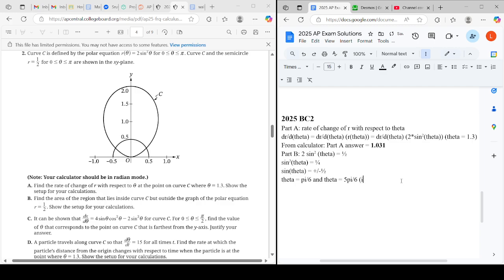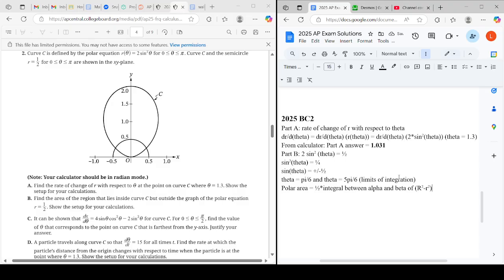So these are our limits of integration. And remember that the polar area formula equals 1 half times the integral between alpha and beta of r squared minus r squared. This is like outer minus inner.